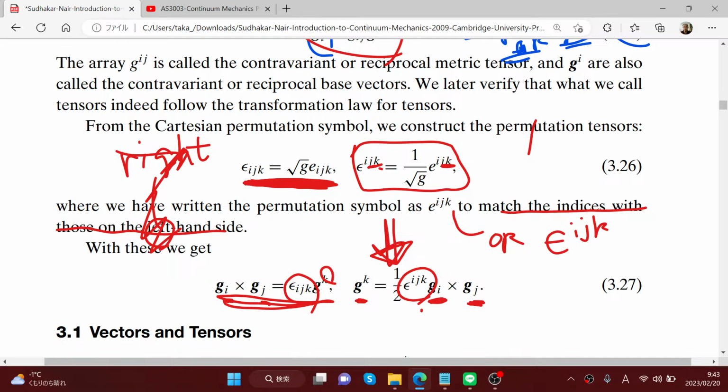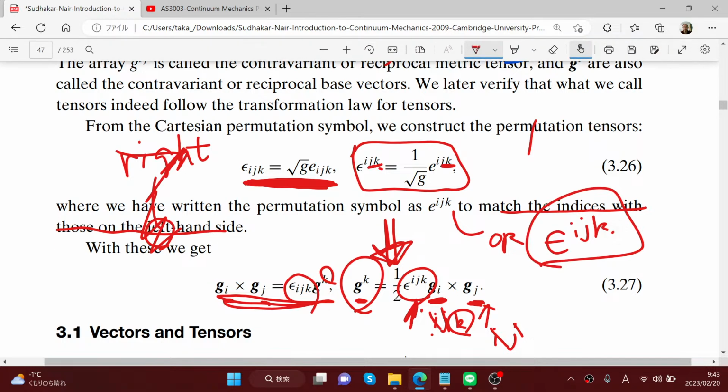He introduced this permutation symbol so that this is ijk up and ij down, right? So ij up up, down down, so the remaining is k up. So the left-hand side you have k up. So in this way epsilon ijk was introduced.